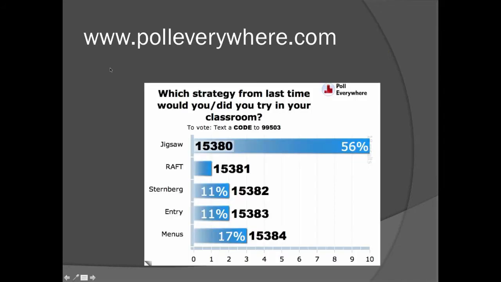Poll Everywhere is another free assessment software where you can create a poll. This one happens to be where they select how comfortable they feel with a strategy from last time they tried in their classroom. This happened to come from a professional development I was doing. But it can also be open-ended questions that you can ask students.